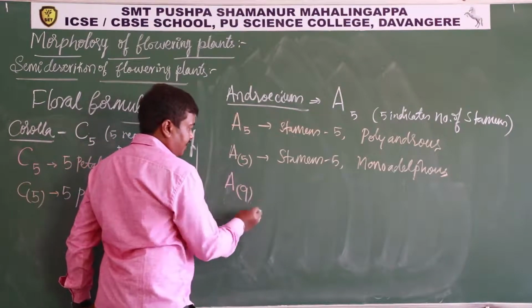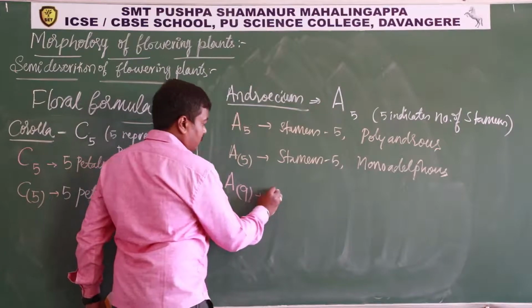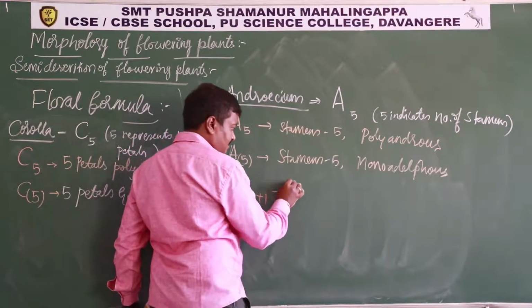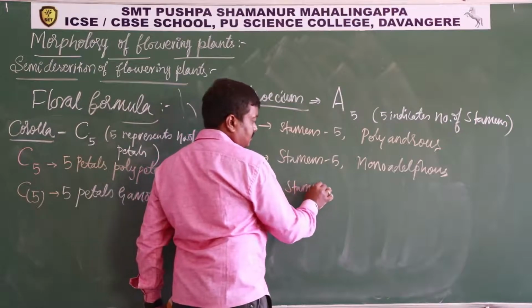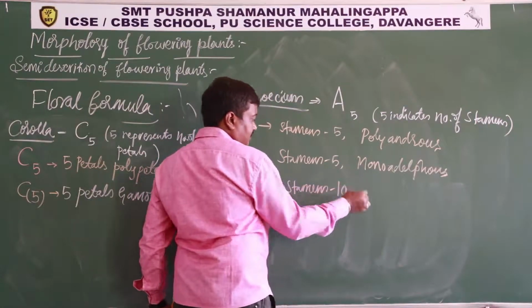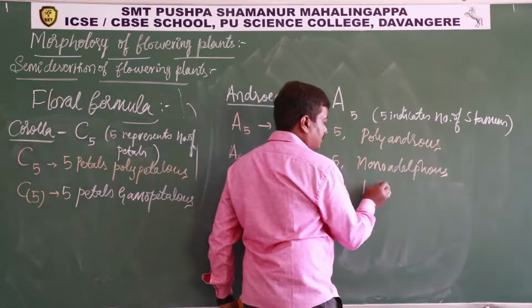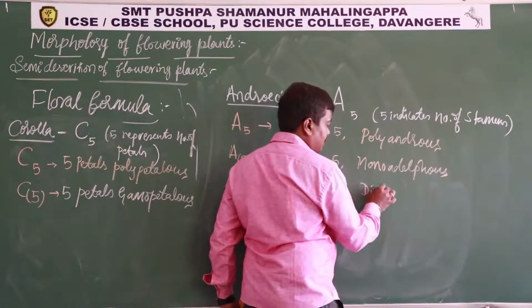Suppose if you write 9 in a bracket plus 1, it indicates a total of 9 plus 1, 10 stamens. Stamens 10, diadelphous.